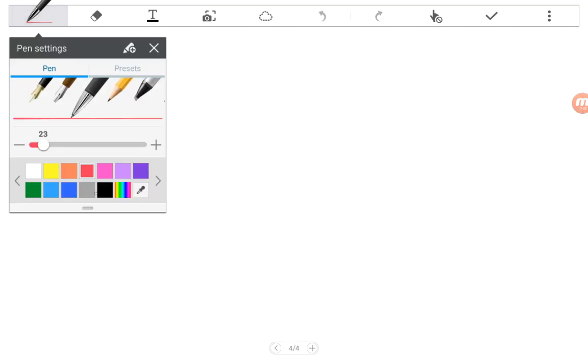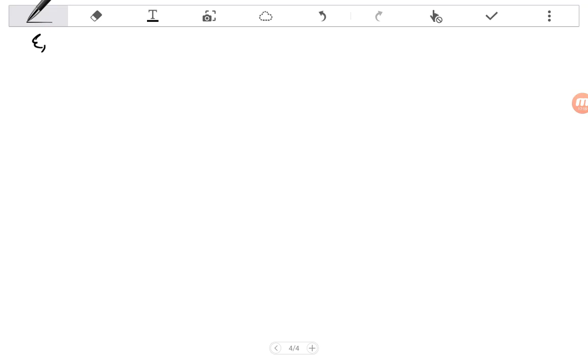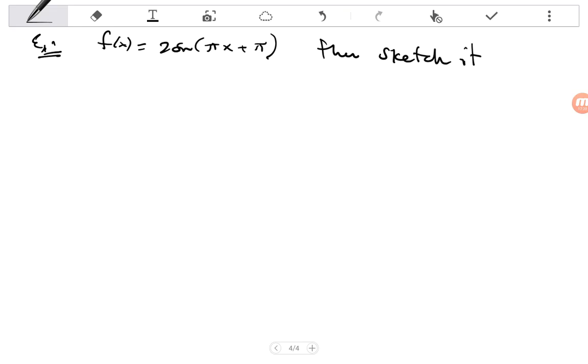Okay, let's check the next example. If I had this function, f of x is equal to 2 sine (pi x plus pi), then sketch it.